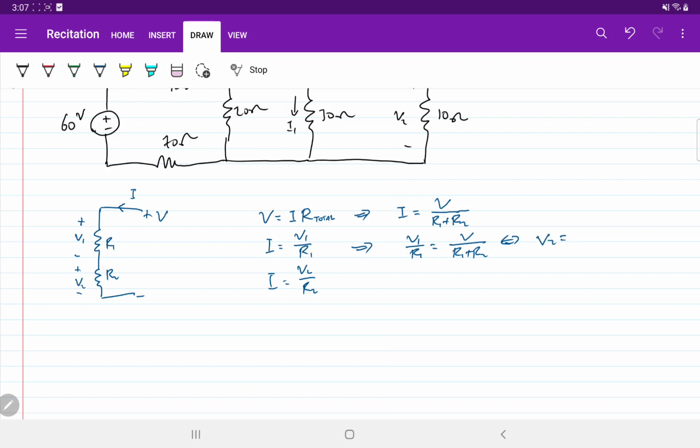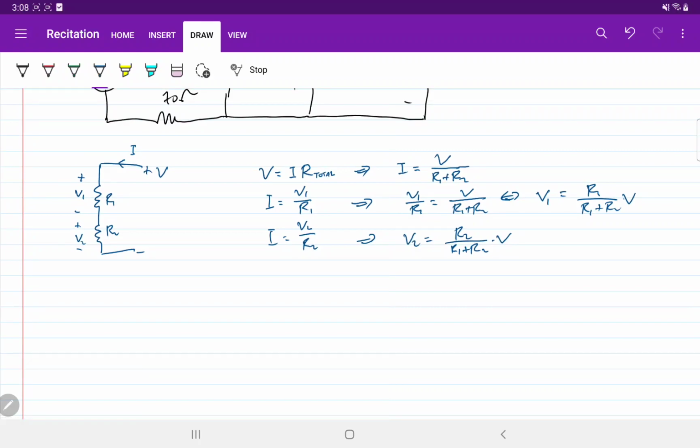So V1 is R1 over R1 plus R2 times V. The same thing here, so we get V2 is R2 over R1 plus R2 times the total voltage.